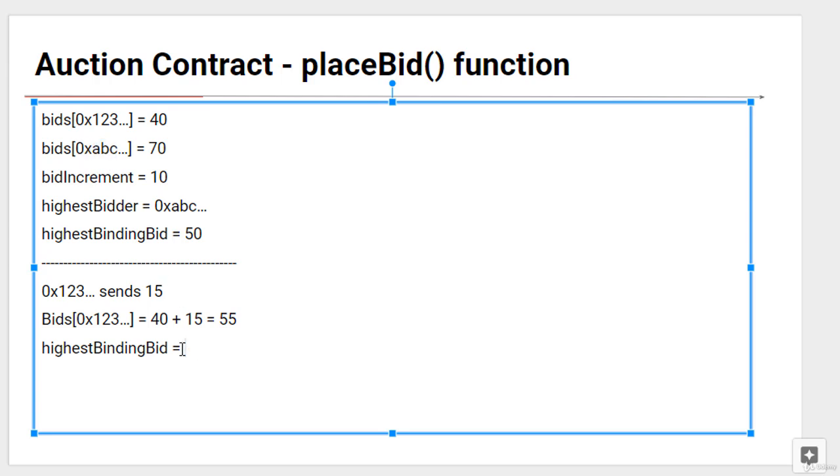So in fact, the highest binding bid will be the minimum value of the current bid, the new bid of 55 plus the increment, and the value of the highest bidder. So this is 70 here, and this is 65. This is the highest binding bid. So if our auction stops right away, this is the selling price. The selling price won't be 70 because that is not necessary. The selling price is 65. This is the purpose of this bid increment.